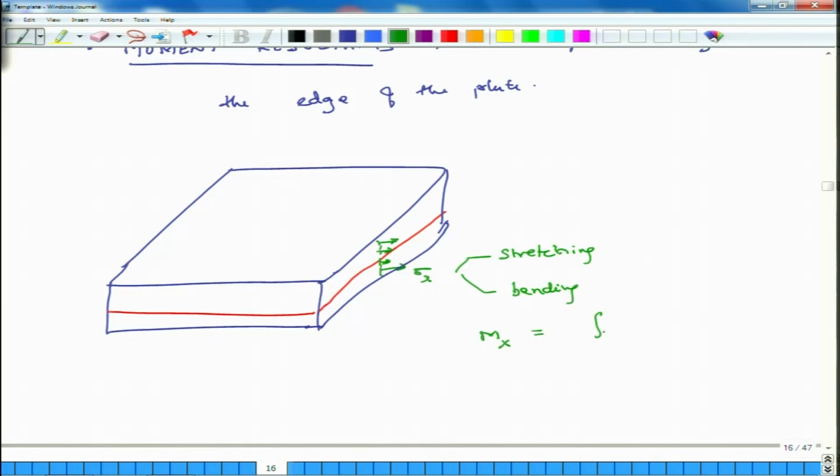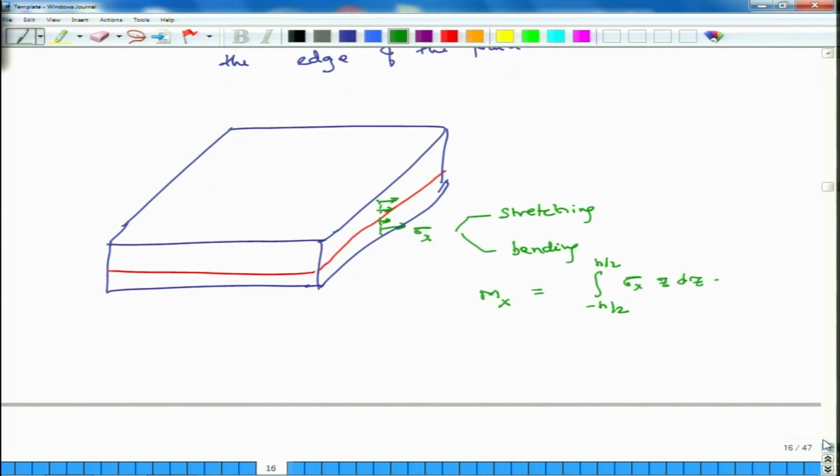Mx is the integral from minus h by 2 to h by 2 of sigma x z dz. This is the moment experienced by the plate in the x direction per unit length.